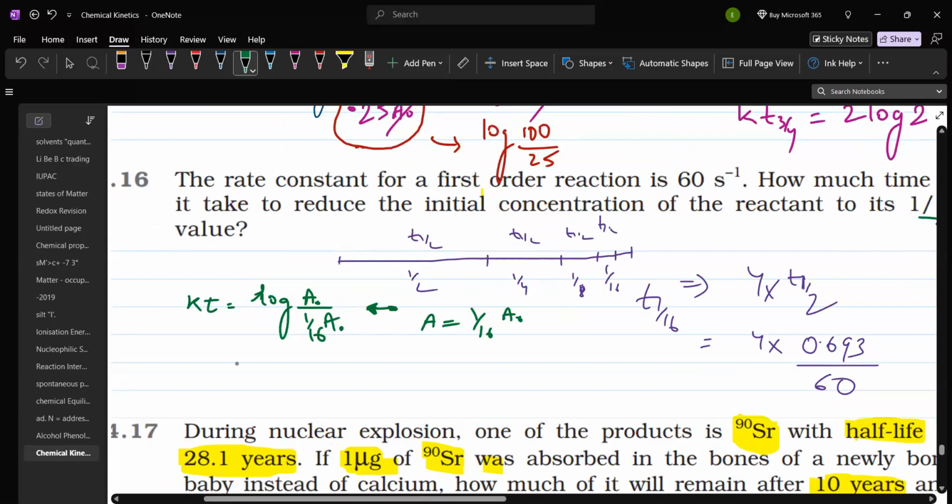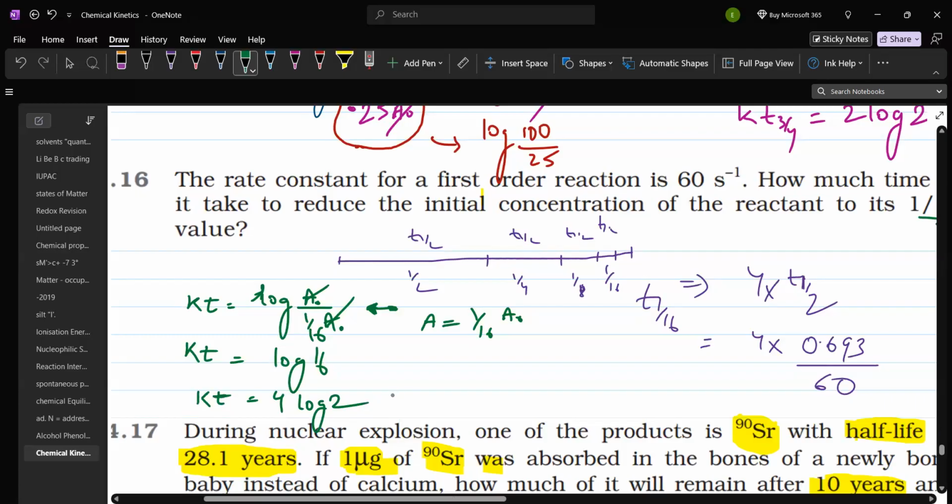Yes, sir. So when we solve this one, it will become like one. This will cancel out, and it will become log of 16. So kT will become 4 times log of 2.